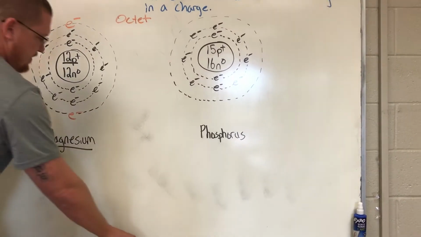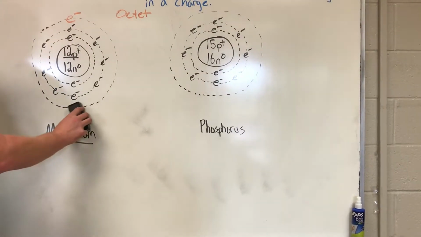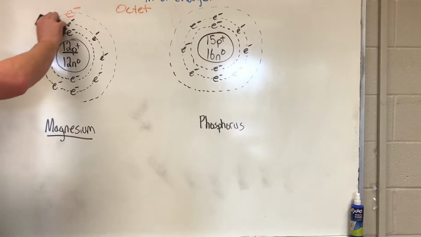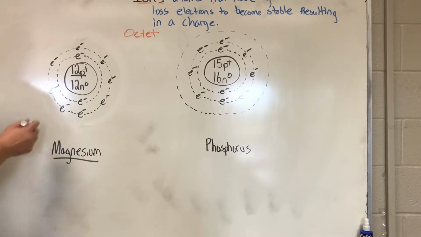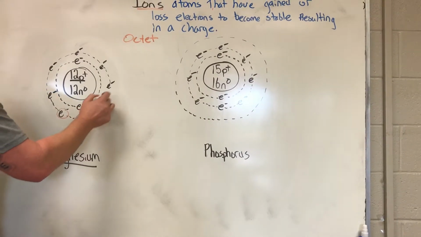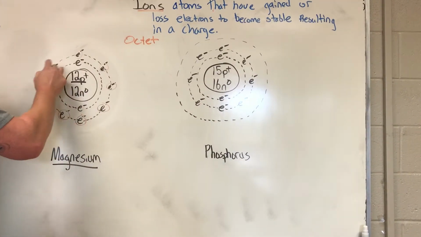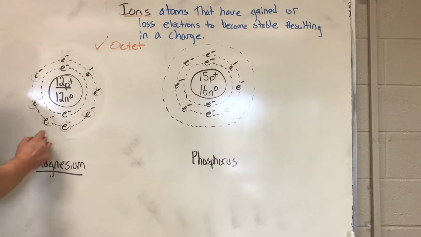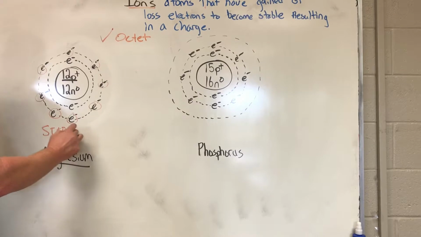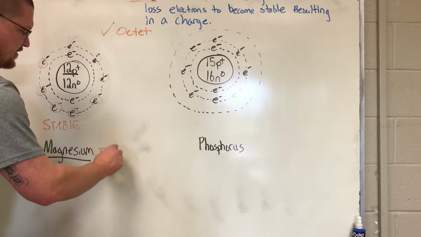The easiest thing for this magnesium to do is to lose these 2 electrons, and by losing these 2 electrons, it now has 8 valence electrons. It is now stable, it is now happy, it is now an ion.